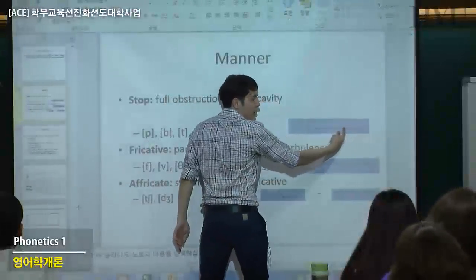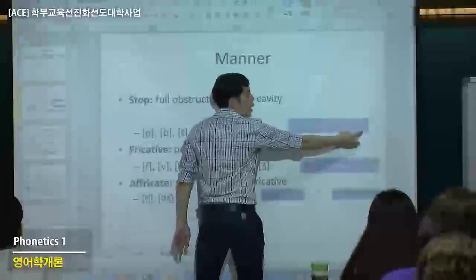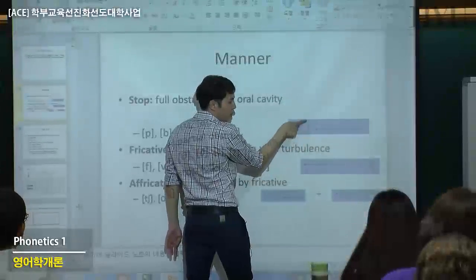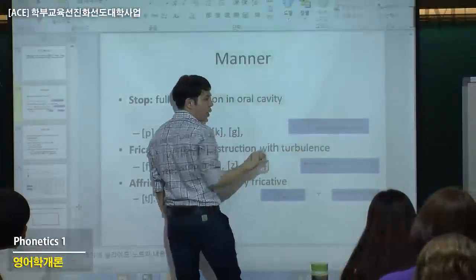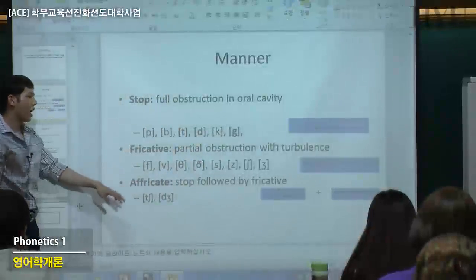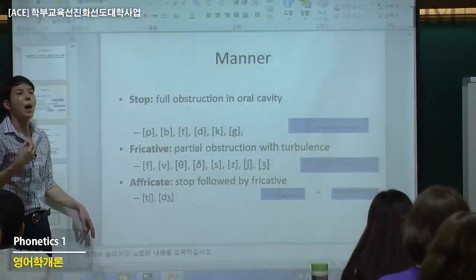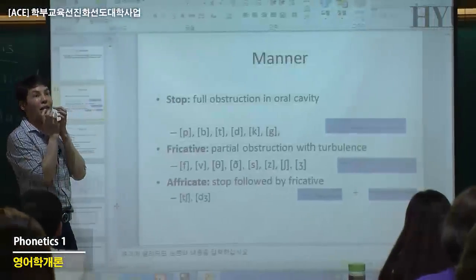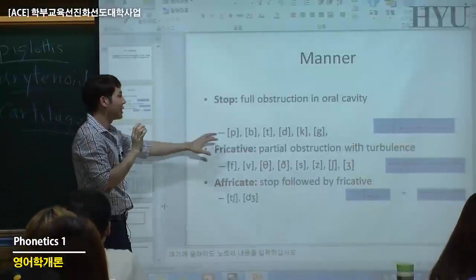The air coming from the lungs passes the vocal folds, passing different places in the mouth, and then it is blocked completely, you see, here, before you release the air. So when you pronounce the P sound, imagine when you pronounce P, the air is blocked by the lips, completely, because you cannot release it.